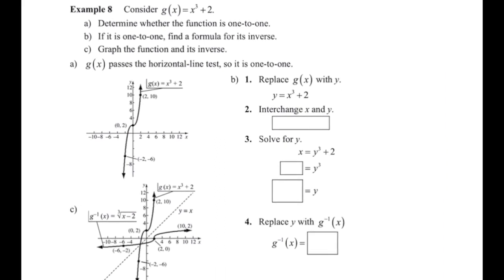Let's take a look at x cubed plus 2. We'll solve and make sure that it is a one-to-one function algebraically. We know then by doing so that g of a has to equal g of b.